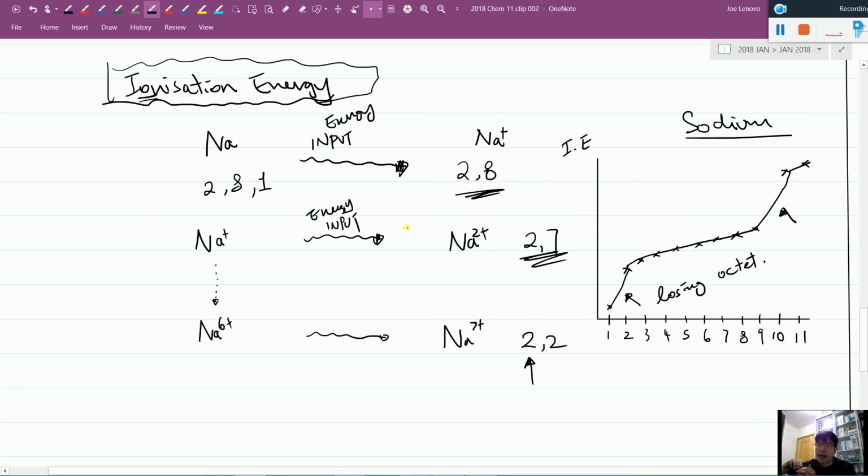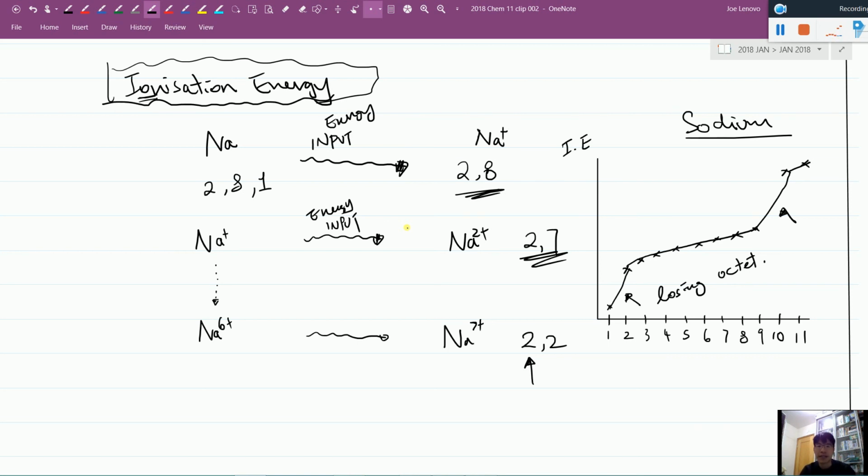Whenever you come to a huge jump, it means that you're losing the octet. So it's very easy to point out what the element would be. If I give you a particular ionization energy pattern, you can tell me straight away what that element is. If the first 2 electrons are very easy to lose, then the 3rd one is the big jump, it would be a 2+, and the 3+ would be the first 3.